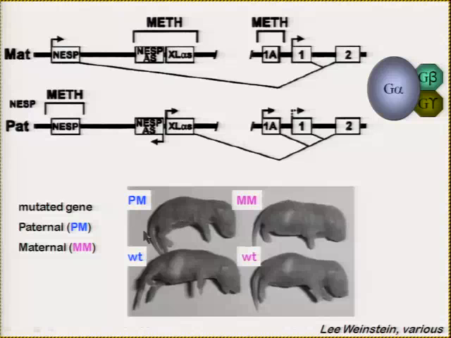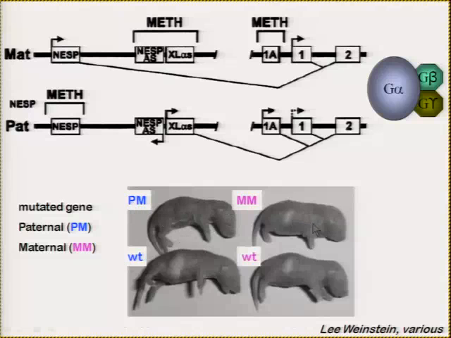If you get the mutation from the paternal side, this is what the little mouse looks like. Here's its littermate. If you get the mutation from the mother, this is what the newborn looks like. They're both short because GNAS in bone is expressed off the paternal and the maternal alleles, but this mouse has a calcium phenotype, and this one doesn't.